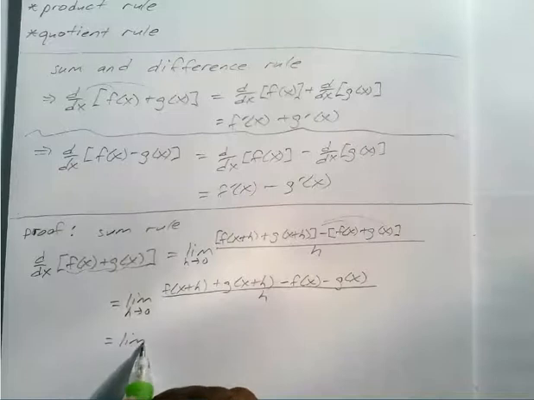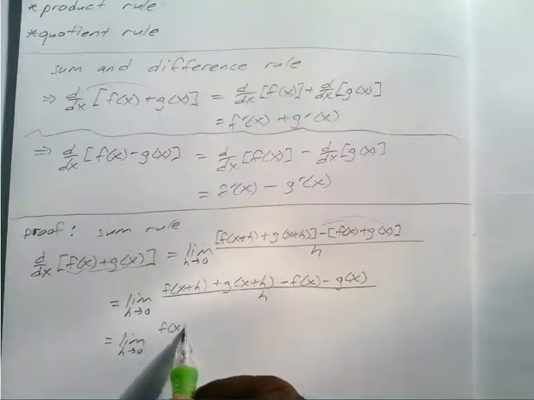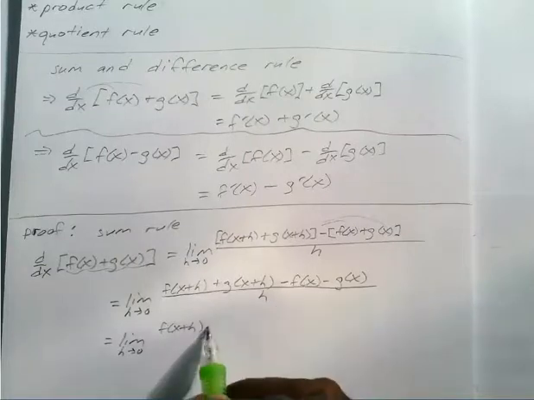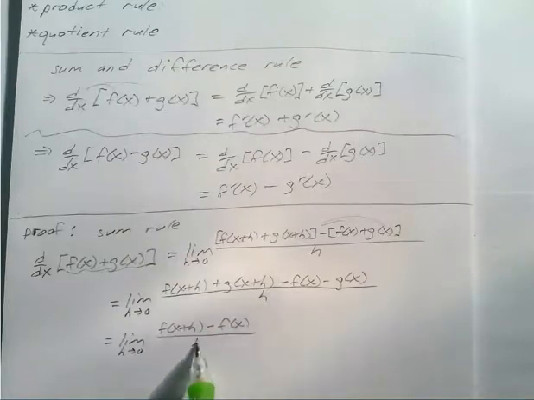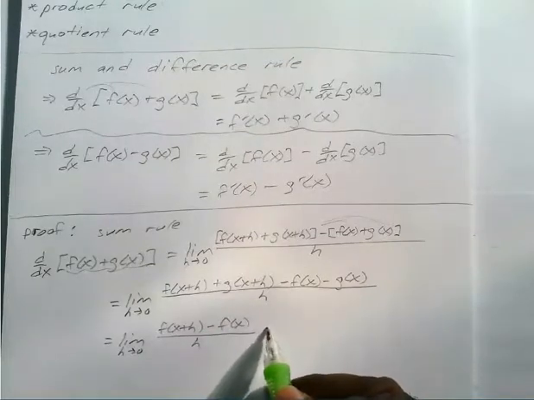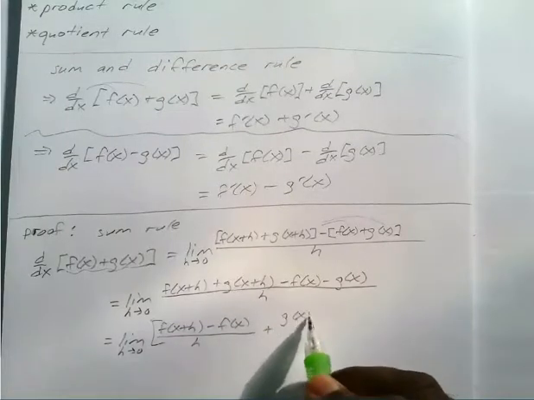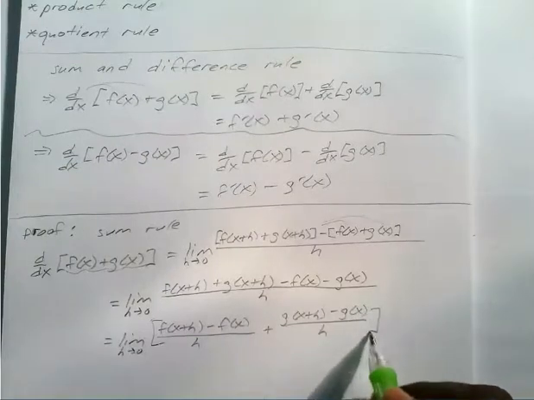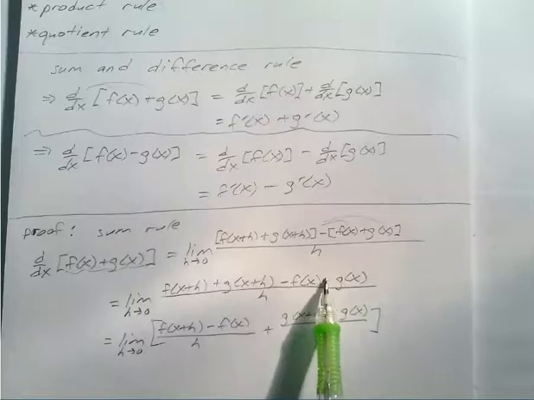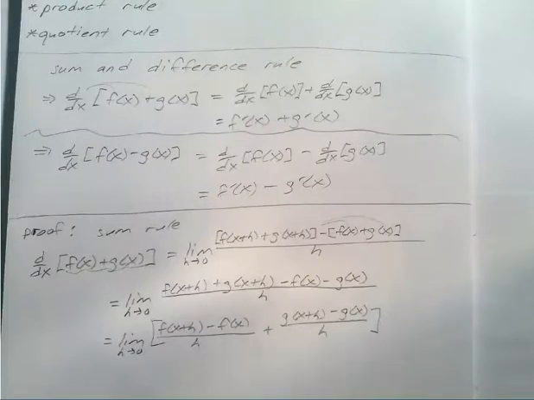So you have the limit as h approaches 0 of f of x plus h minus f of x, and at the same time we're going to separate these, all over h, plus we're going to do the same thing here, g of x plus h minus g of x all over h. So we move the f function and the g function next to each other and separate them both over the same h denominator.